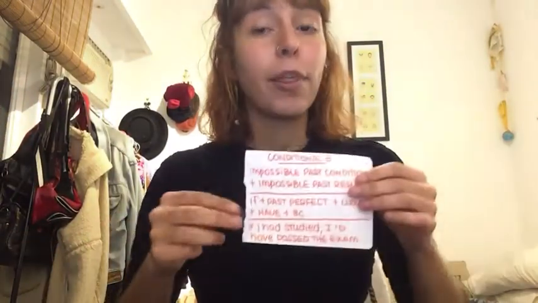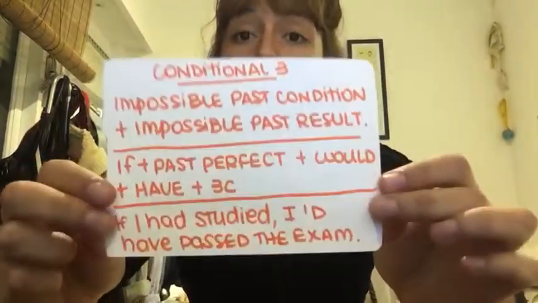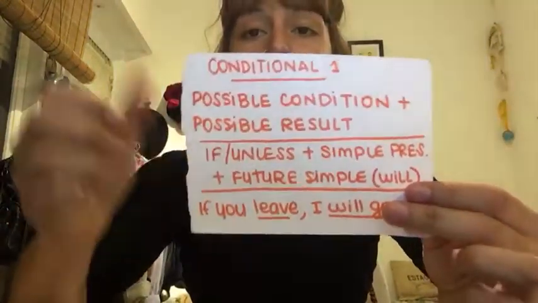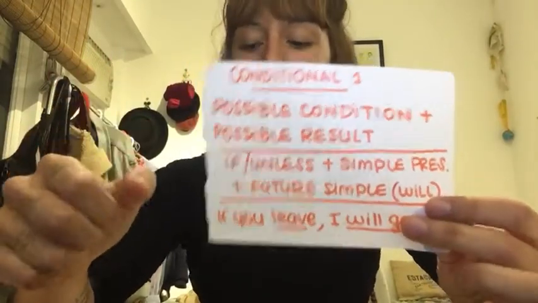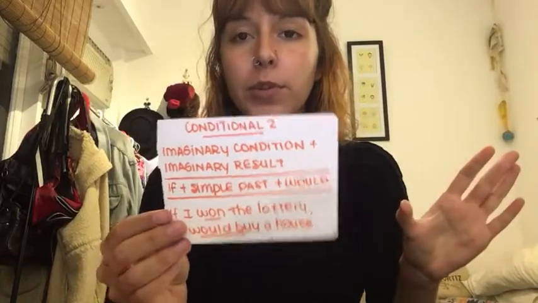Now, let's move on to conditional number 3. This one is difficult, but listen to me. The conditional 3 is the only conditional that we are going to use for a past situation. So, for now, we have conditional 1, present probable situation, and conditional 2, present improbable situation.